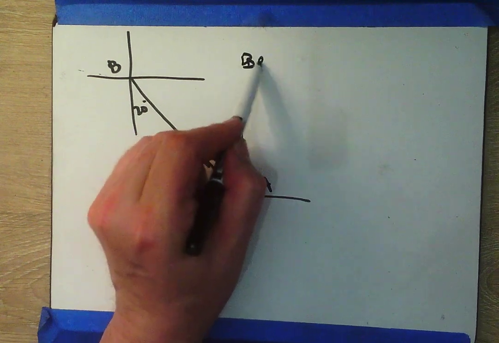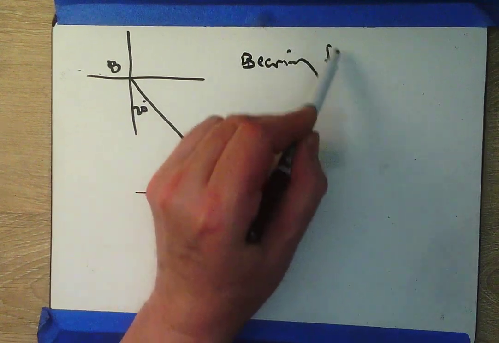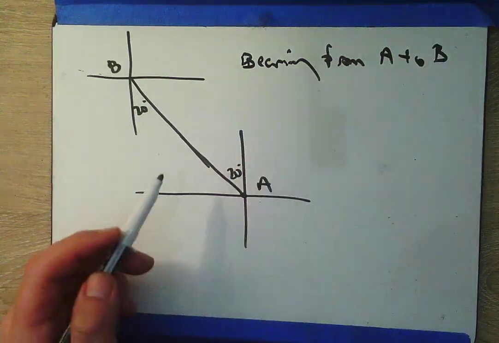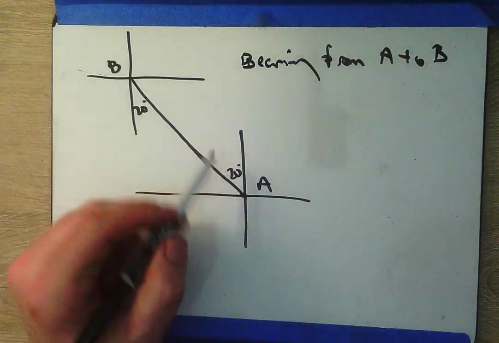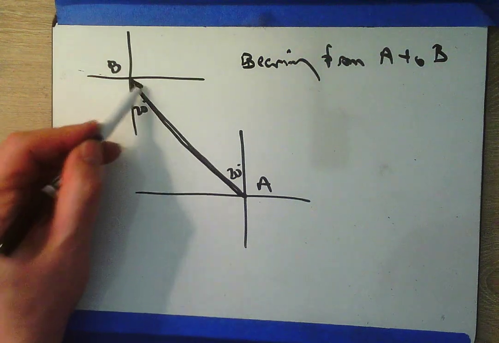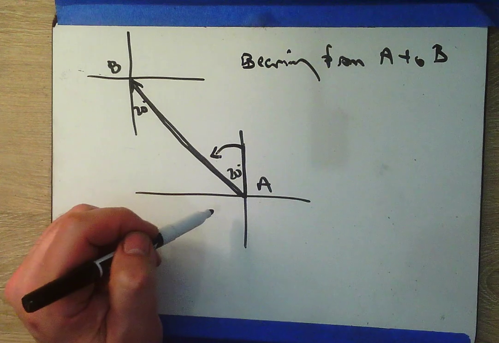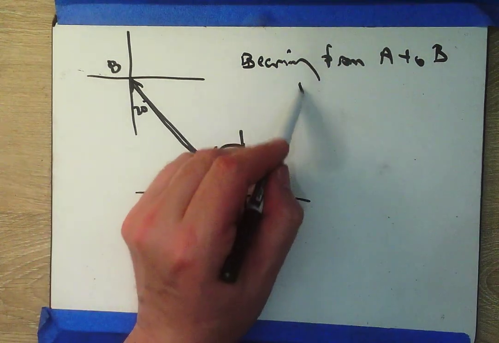What is the bearing from A to B? That means I'm at A and I want to get up here to B. So I'm going to head north and some west, 20 degrees west.